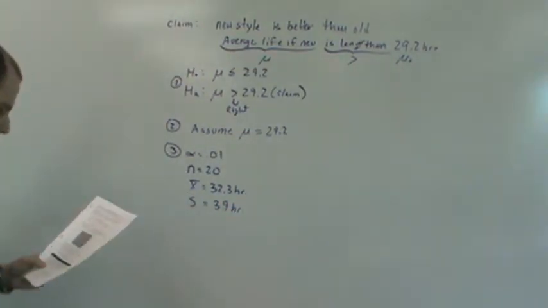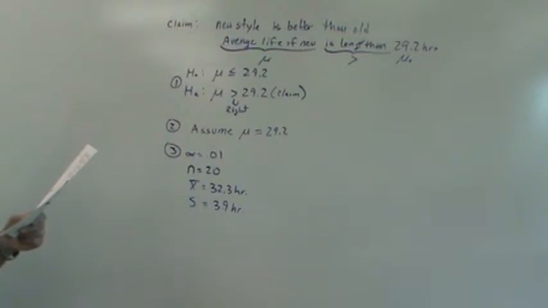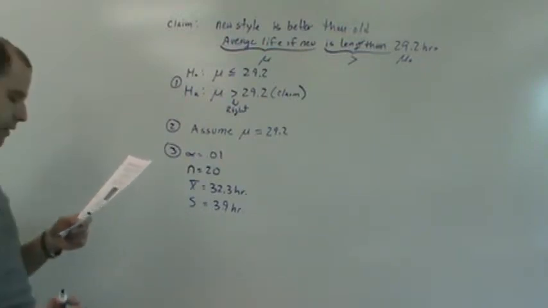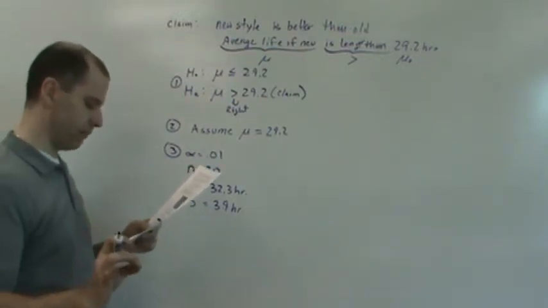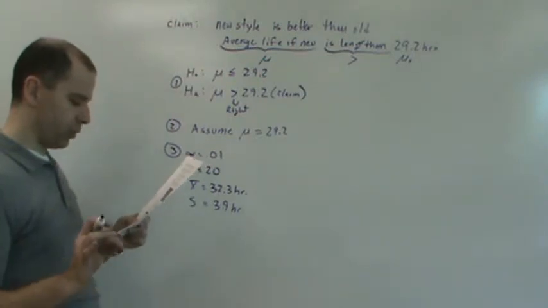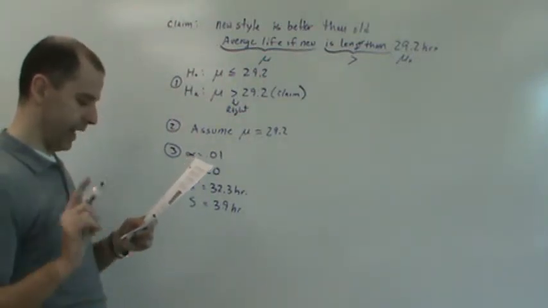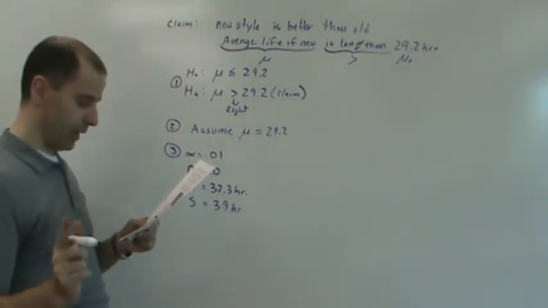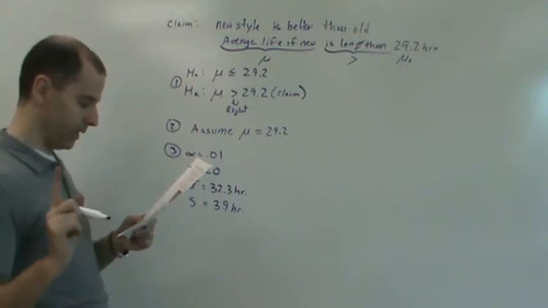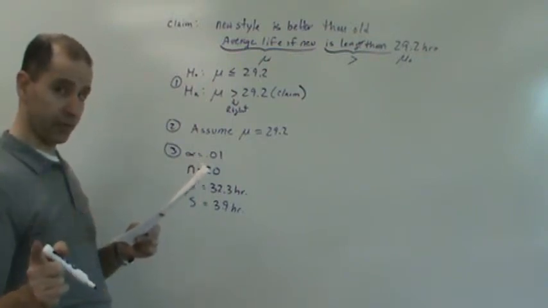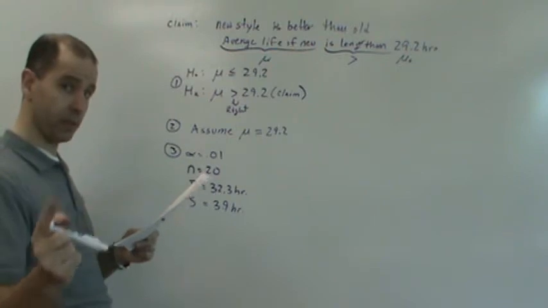Notice it says a sample of 20 new batteries finds a mean life of 32.3 hours, that's X bar. Then it says with a standard deviation. The with tells us that the standard deviation is from the sample.